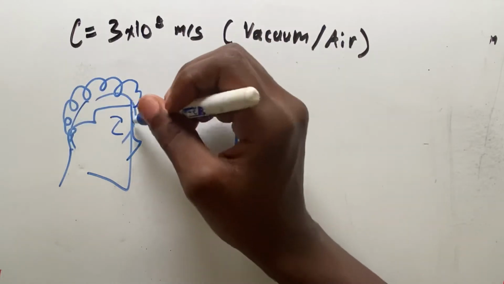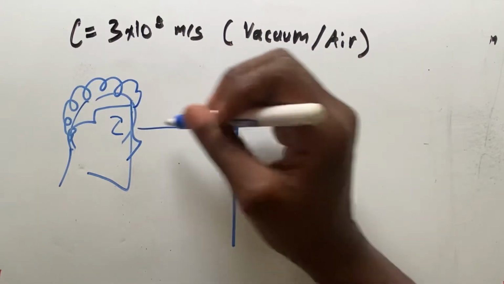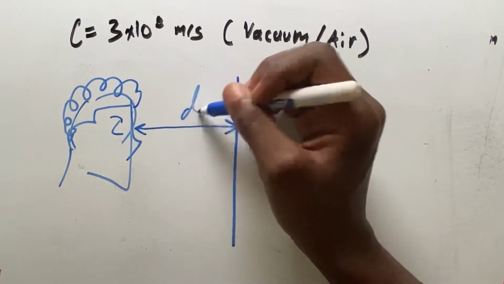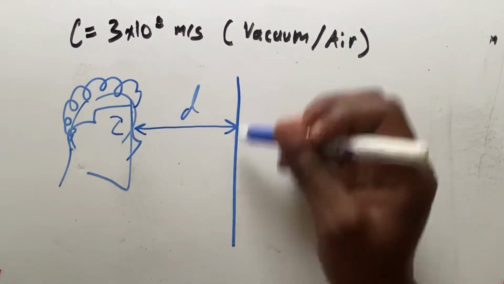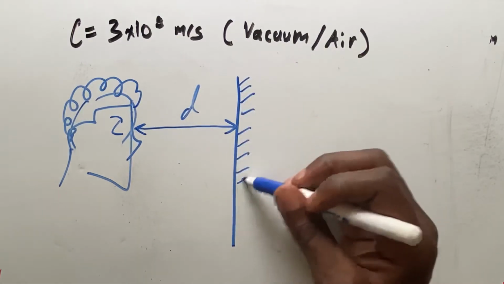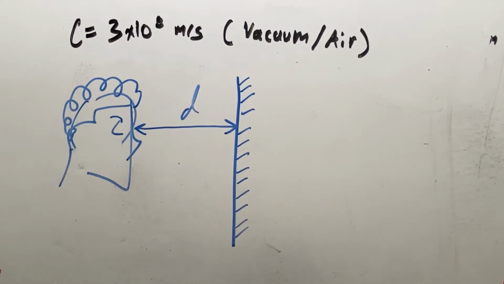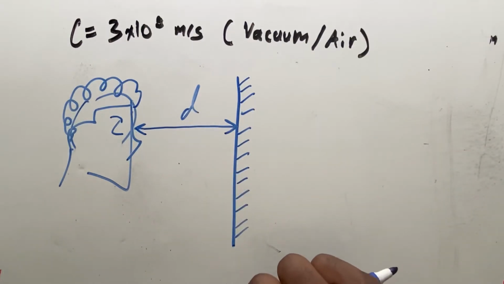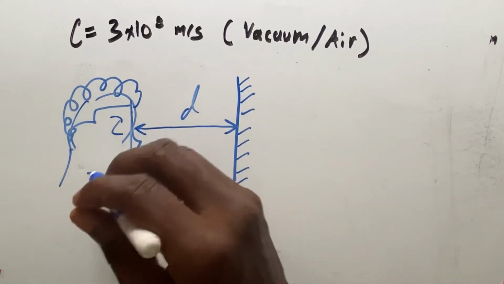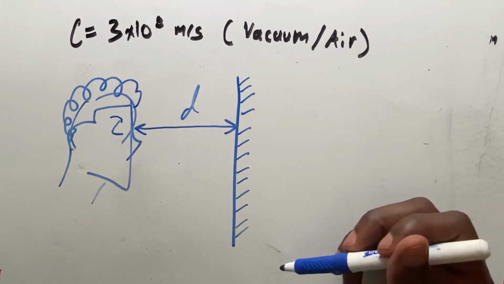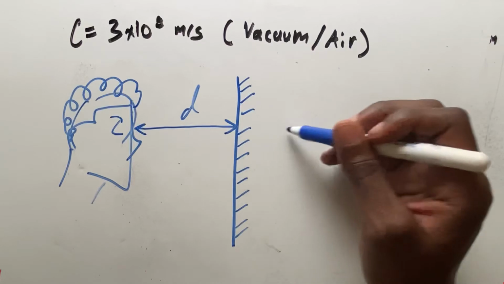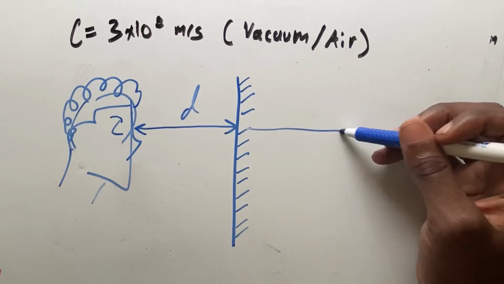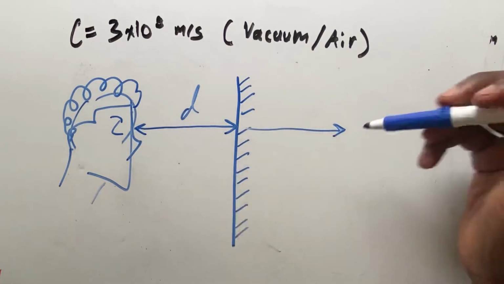Let's say this person is a distance D away from the mirror. We know this person is going to see his reflection over on this side. Well, how far away is the reflection going to be on this side? It's going to be the same distance D, right?